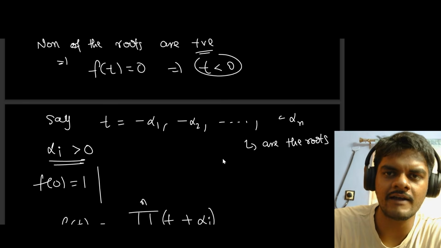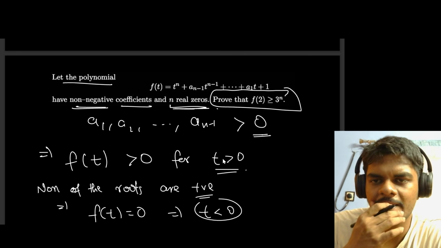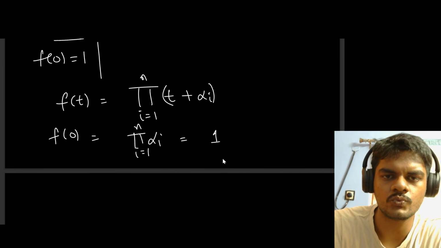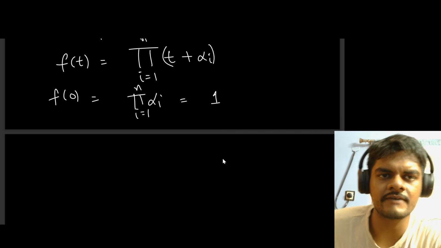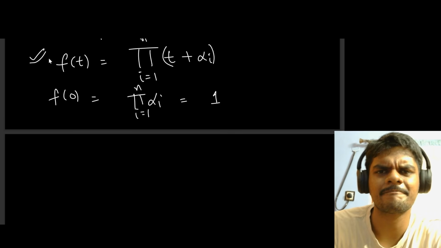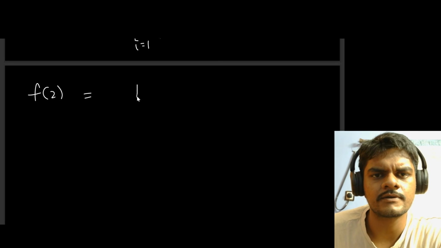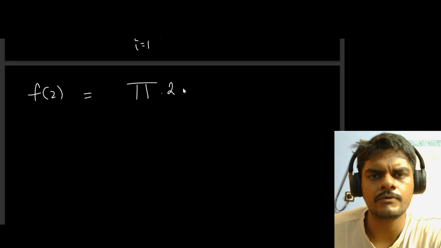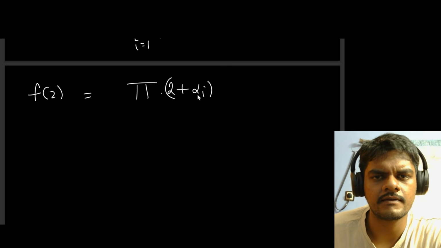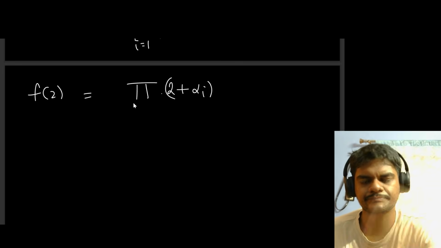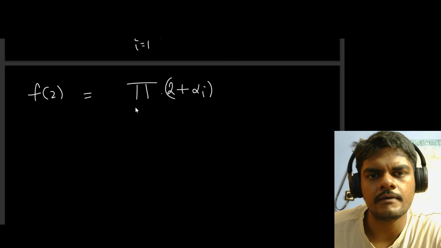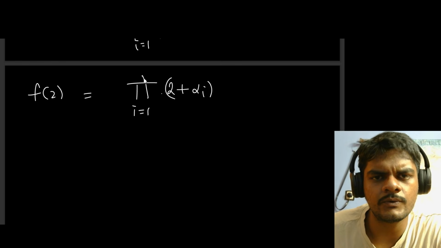So the product of alpha i is 1. I want to find f of 2. What is f of 2? So I'll use this. Let's see what happens. So f of 2 is the product of 2 plus alpha i, i varies from 1 to n.